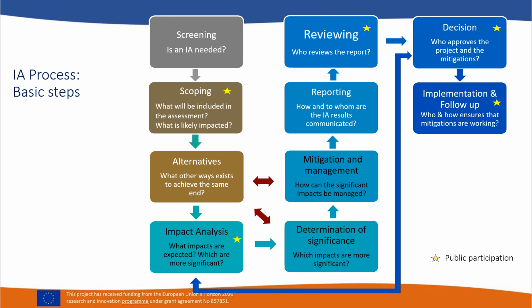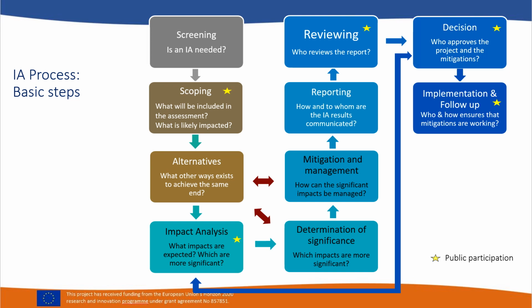The regulation might specify some exemptions, for example, because of size, or might require some assessment even for small projects if, for instance, they are located within protected areas. So the main question during the screening is if an impact assessment is required for the specific project.